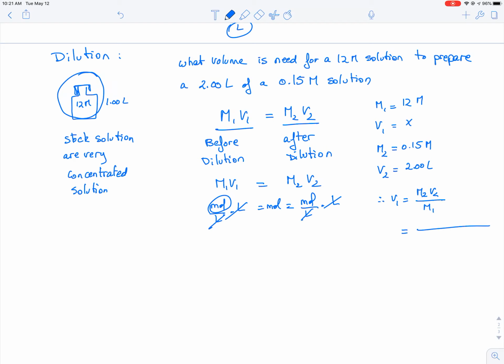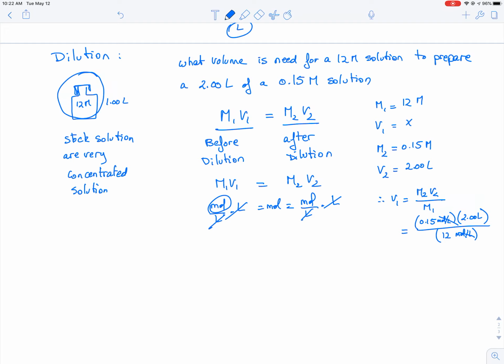So let's just plug in the numbers. M2 is 0.15 molar. V2 is 2 liters. And then M1 is 12 molar. The moles per liter cancel out, and I'm left with liters. That's what I want. And now you do the calculation.